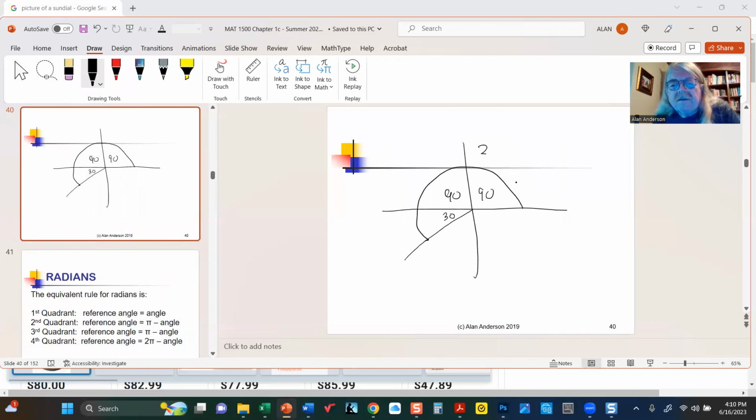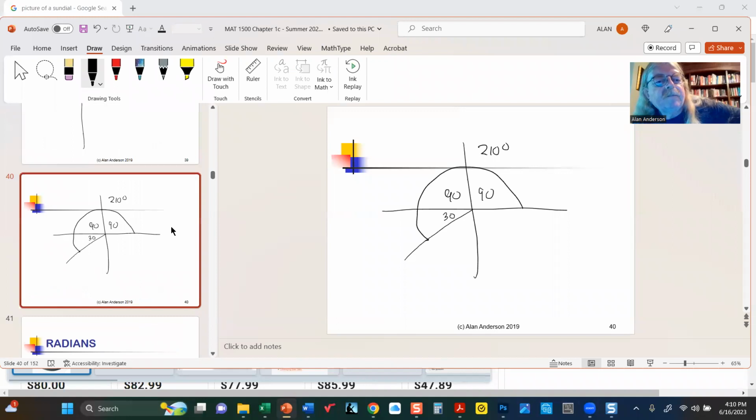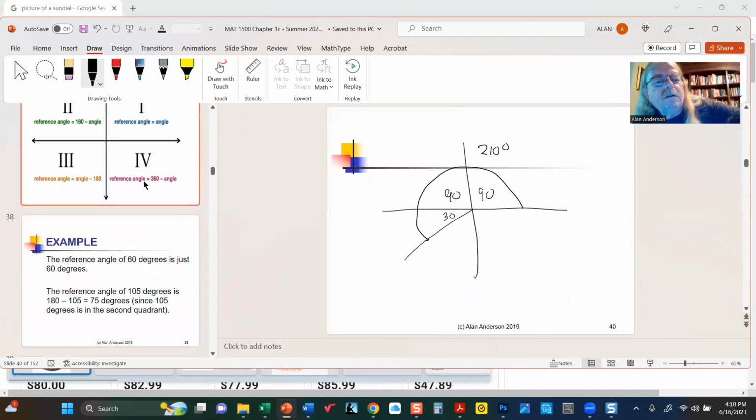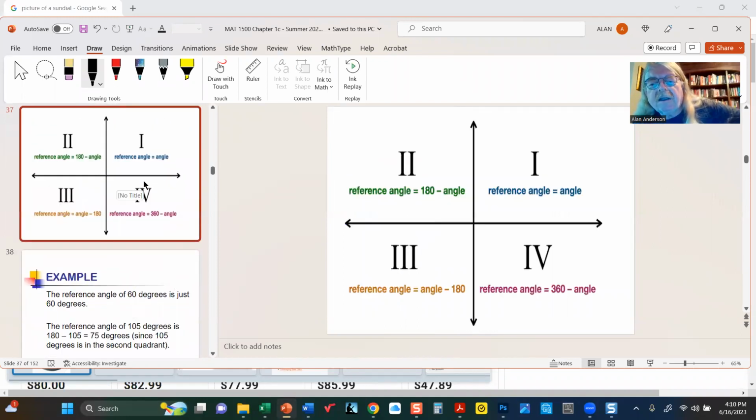Altogether, this adds up to 210. The reference angle, according to this chart, is the actual angle minus 180.